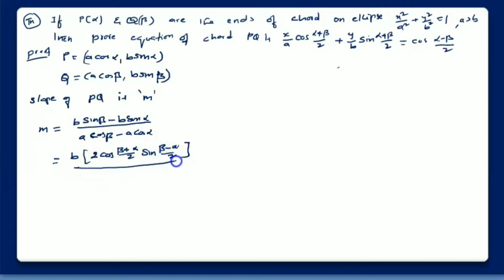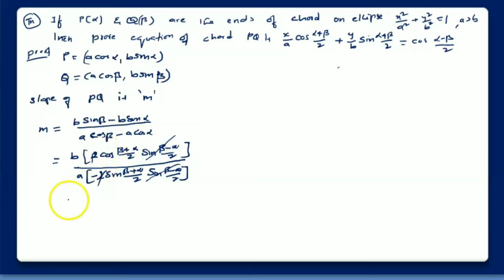Denominator, a is common. The cos C minus cos D formula is minus 2 sin (beta plus alpha) by 2 sin (beta minus alpha) by 2. It's based on trigonometry. Therefore 2 gets cancelled here, and then sin of (alpha minus beta) by 2 gets cancelled.